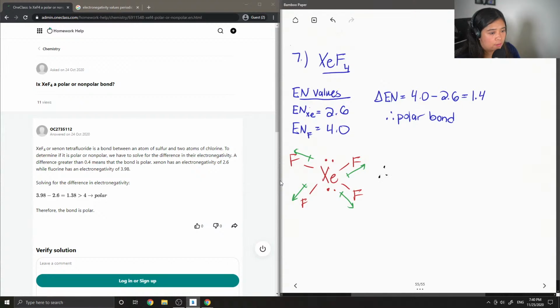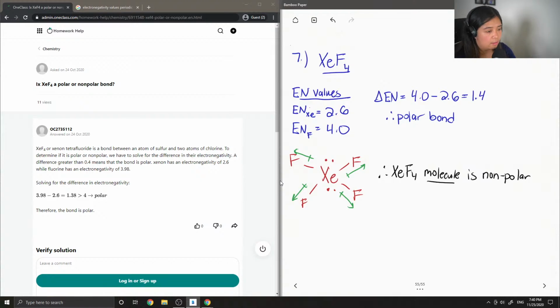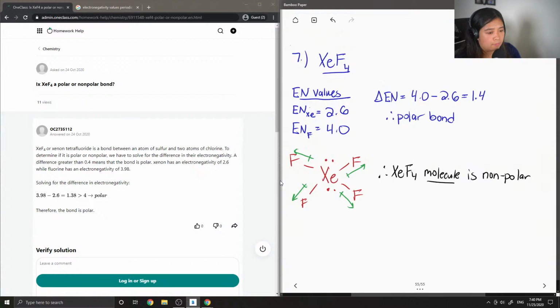So the xenon tetrafluoride molecule as a whole is actually nonpolar. Even though the bonds within the molecule are all polar, the molecule itself is nonpolar. So I'll just write the explanation.